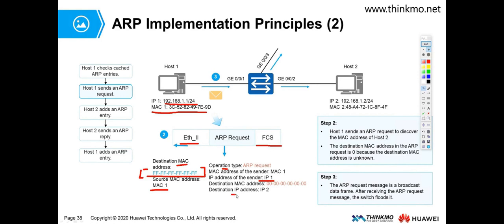So, whose MAC address am I looking for? What is the other party's IP address? The other party's IP address is 192.168.1.2. So during this process, we send the ARP request to the other party. Now, in this situation, it also needs to fill in the destination MAC, but I really don't know it. So here we use zeros as a placeholder, because I don't know it. For these unknown things, I replace them with zeros.